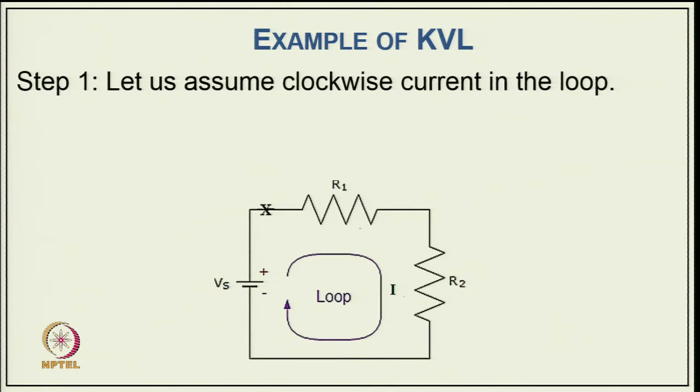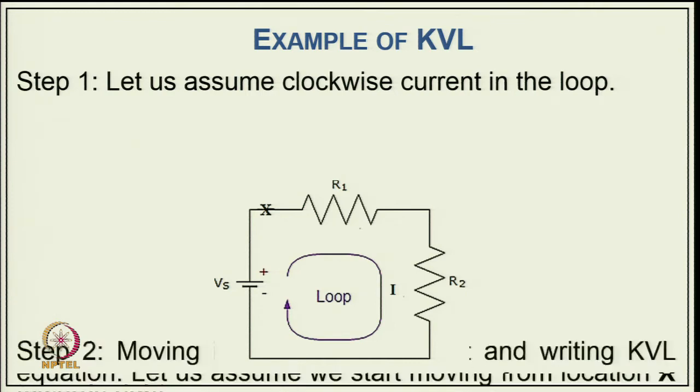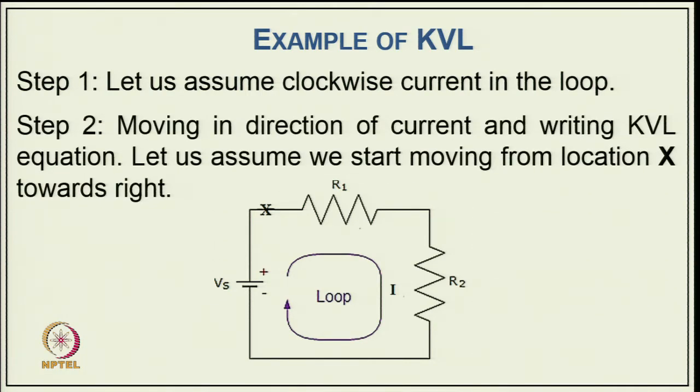And you can see here, as step 1, let us assume a clockwise current direction in the loop of this circuit, where the source voltage is Vs, and you have a node X with the resistances R1 and R2, and the loop current I. Step 2, move in the direction of current and write the KVL equation. Let us assume we start moving from location X towards the right.